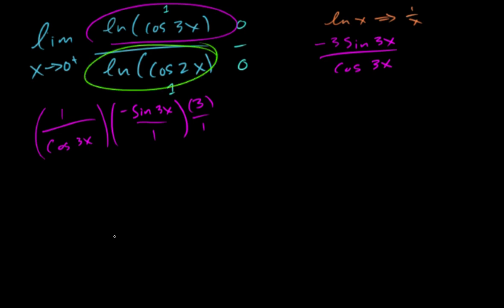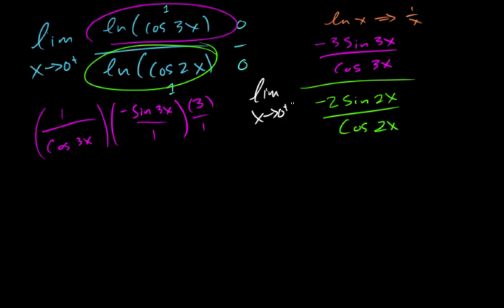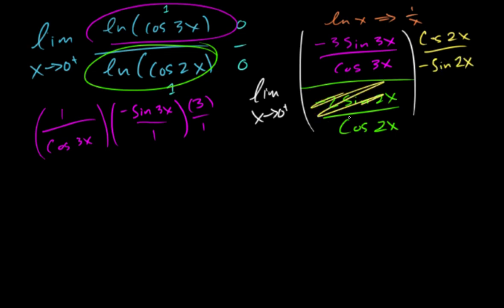Now if we do the same thing on the bottom, we're going to end up with negative 2 sine 2x over cosine 2x. It's the exact same process. Now this is still the limit as x approaches 0 from the positive side. If we divide this, we're really just going to flip the bottom up, and we're going to get cosine of 2x over negative 2 sine 2x being multiplied right there.